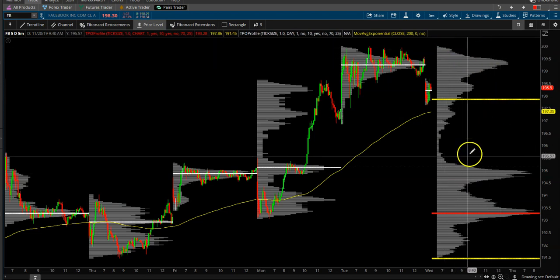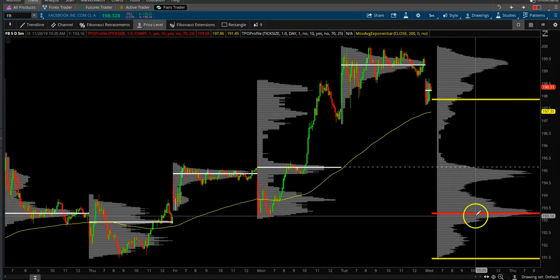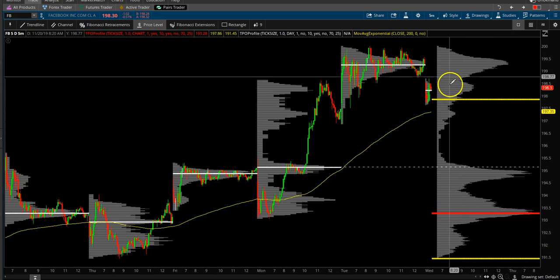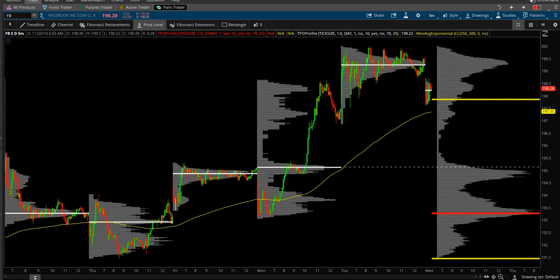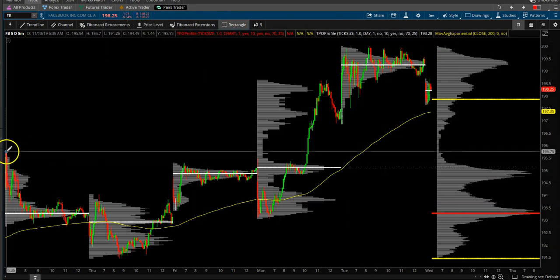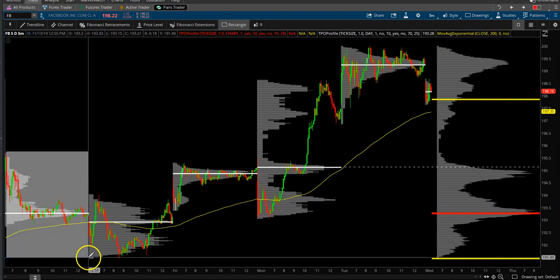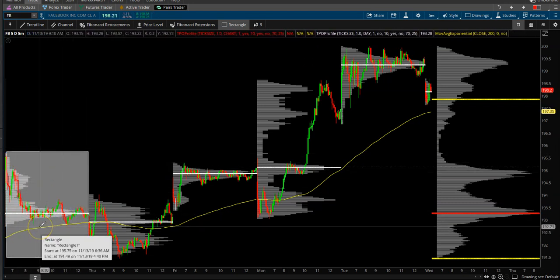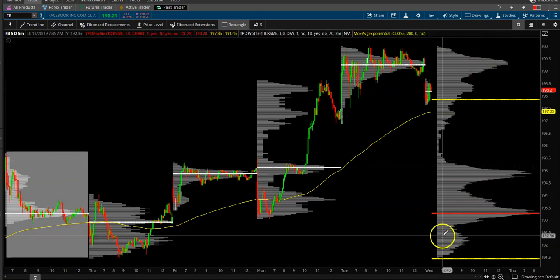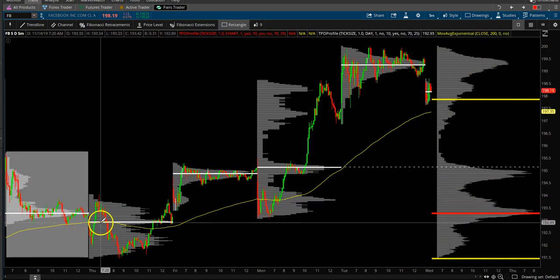Now, this is today's picture. Okay, tomorrow this volume profile is always going to be changing because this day right here is no longer going to be on the profile. So all of this volume and price action will no longer be based on this profile because this day drops off.